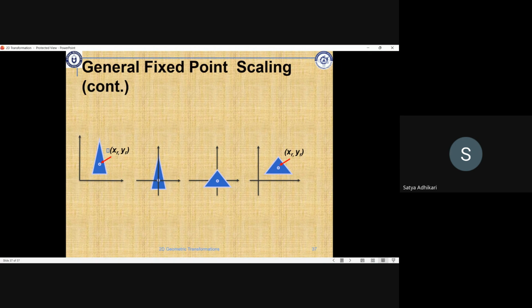You see, in figure 1 and figure 4, the position of xr and yr does not change, but the size of the object changes. Other points within the object change, but that point does not, so that is why it is called fixed point scaling. That is scaling with respect to a fixed point. That point will not change its position at all.